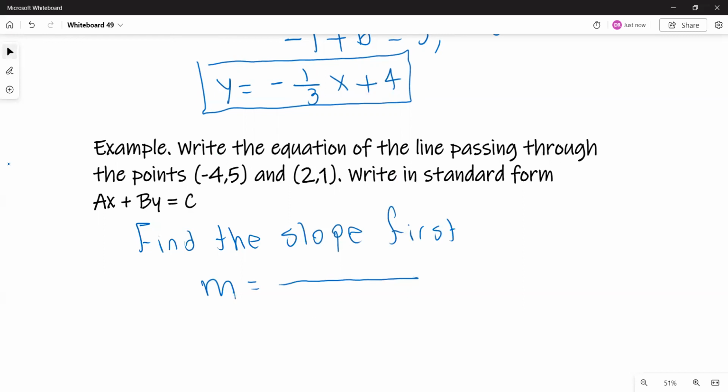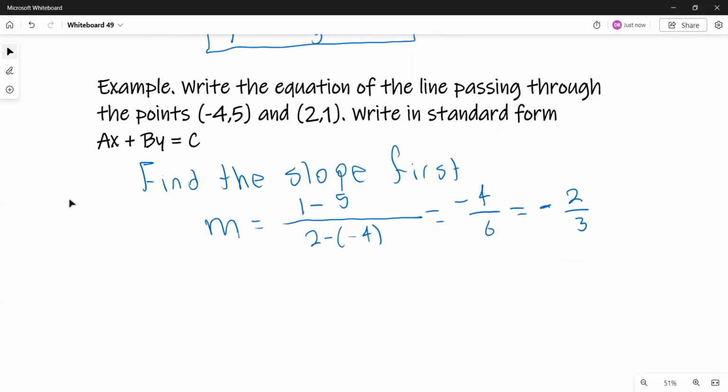The slope is going to be 1 minus 5 over 2 minus -4. So 1 minus 5 is -4, 2 minus -4 is 6, and then -4 over 6 simplifies as -2/3.